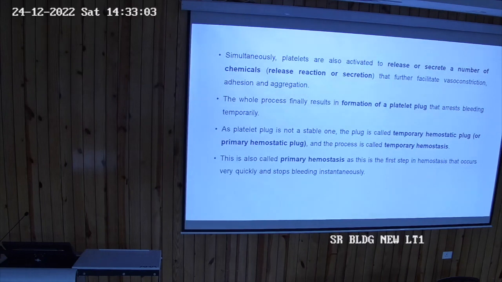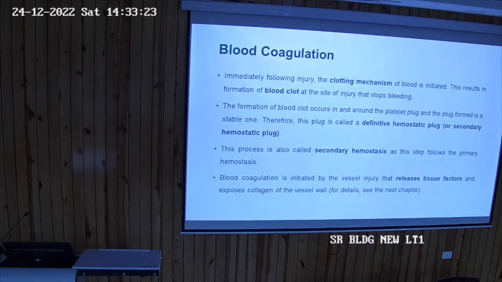If the vessel injured is a capillary or a minute vessel, then it will be done within minutes. If the vessel injured is a bigger one, then it will take a longer duration and the mechanism of permanent hemostatic plug formation has to take place. Okay. This is coagulation.